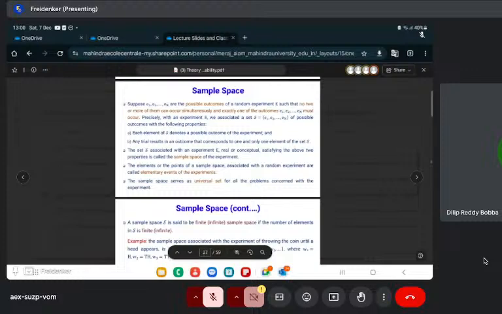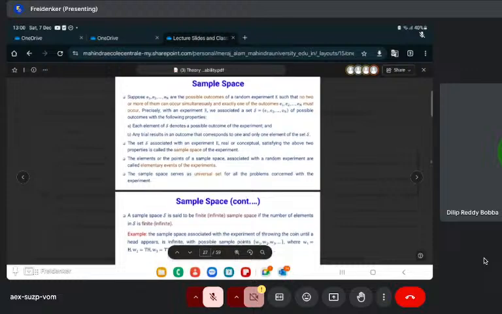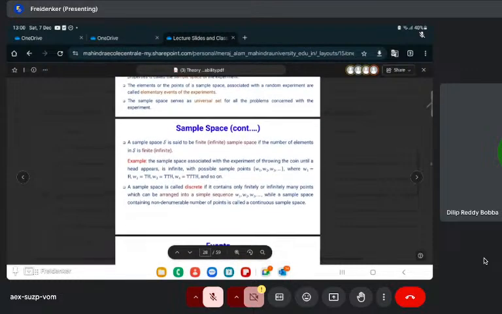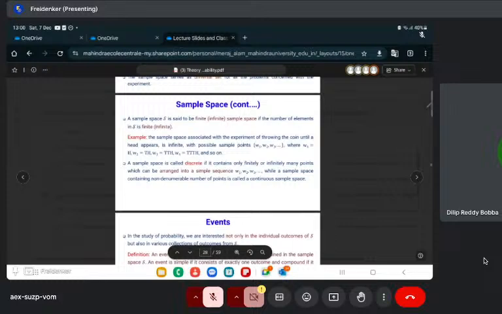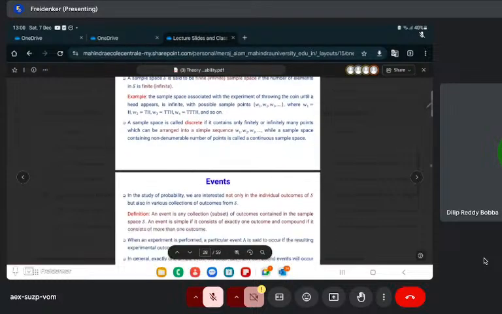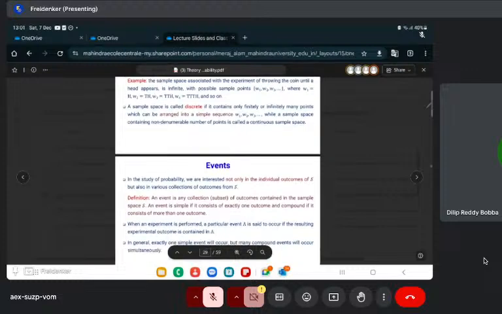So that's it. Enough of theory. Sample space, finite, infinite. Okay, discrete. So discrete sample space can have infinitely many points, but if it's countably infinite, it's fine.